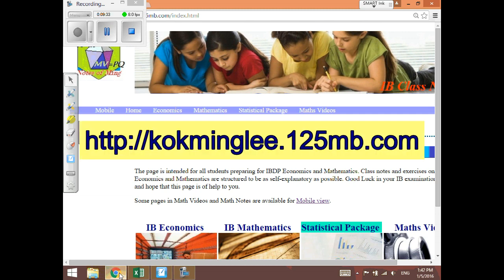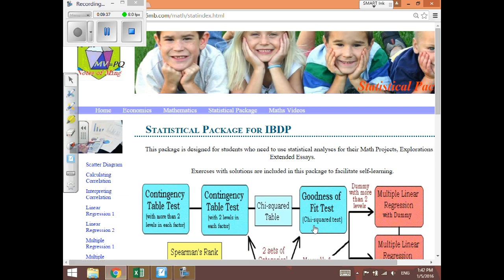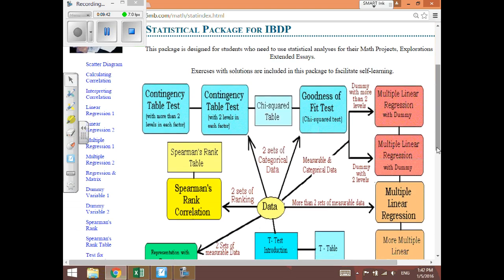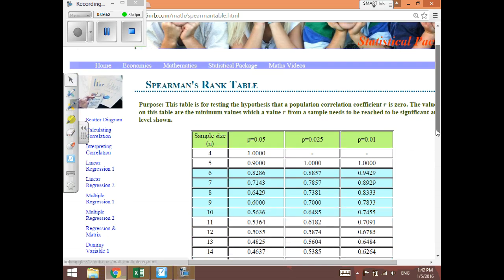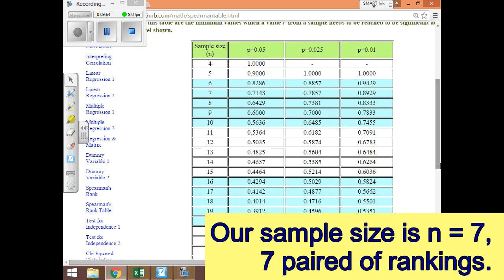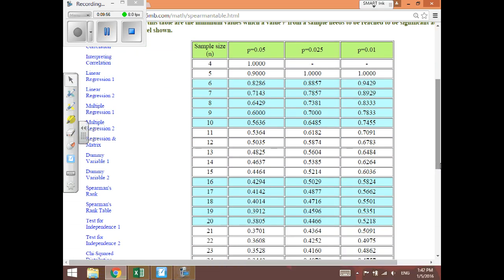For example, we go back to my page here, statistical package. In the statistical package, click on something called the Spearman rank table over here. This is a table that you can also obtain from other websites.